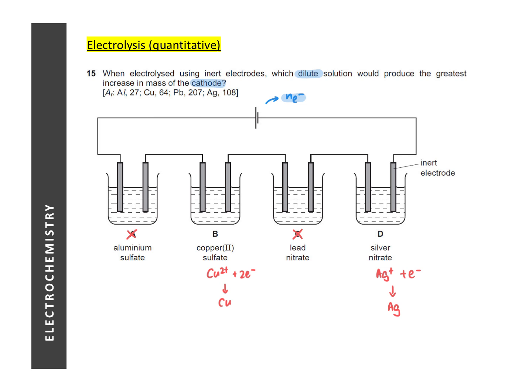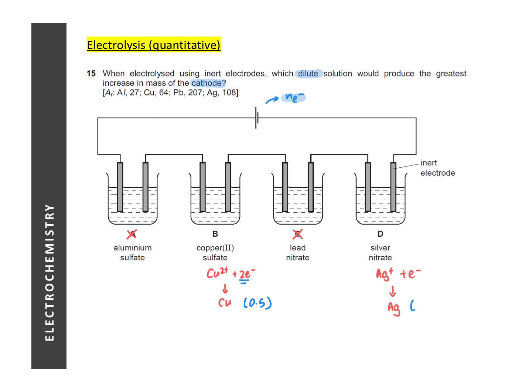Okay, so let us assume a value of 1 mole of electrons. If we have 1 mole of electrons passing through all the cells, the number of moles of copper that will be produced would be 0.5. Why 0.5? Because you need 2 moles of electrons to form 1 mole of copper. So if I only have 1 mole of electrons, I will only have 0.5 moles of copper.